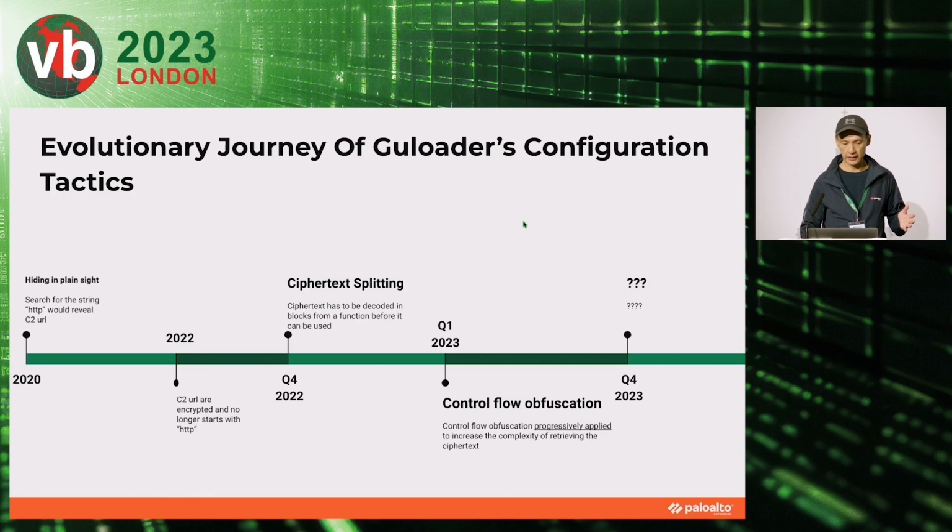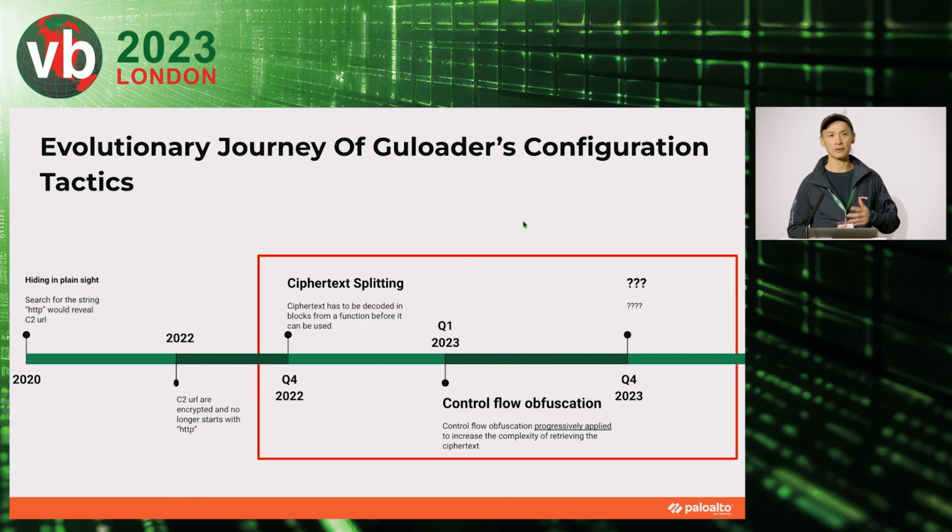But what we are interested in is what GULoader did in the past few months, from late 2022 all the way to recent times. In recent times, the authors of GULoader have improved their techniques, and they make use of ciphertext splitting and control flow obfuscation to protect their configurations, which I will share in more detail.